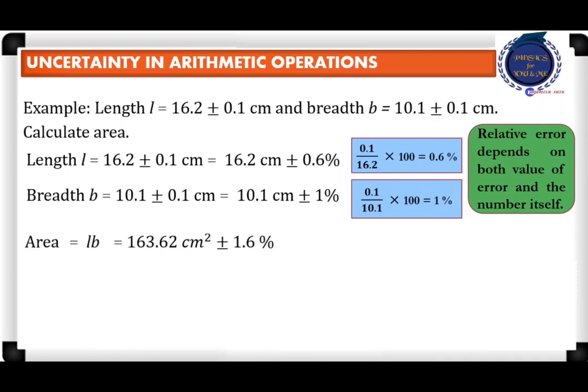Area will be represented as 163.62 centimeter square plus or minus 1.6%. But here, when we convert that into absolute error, it will be equal to 2.6 centimeter square.